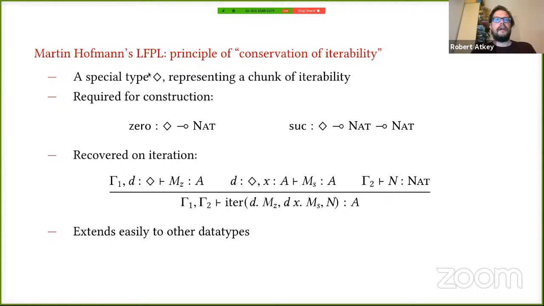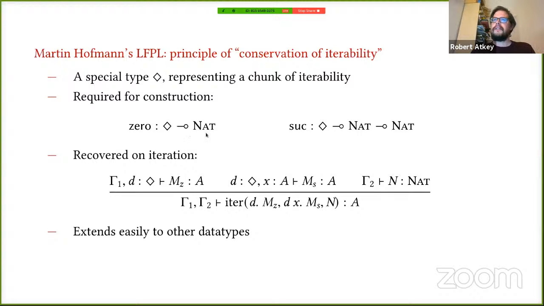And this is required for construction. Here we are allowed to construct new natural numbers, but we're not allowed to do it for free. We have to pay a diamond every time we construct one. So every time we construct a 0, we have to pay a diamond. This linear function type here means it consumes our diamond and we get back a Nat.